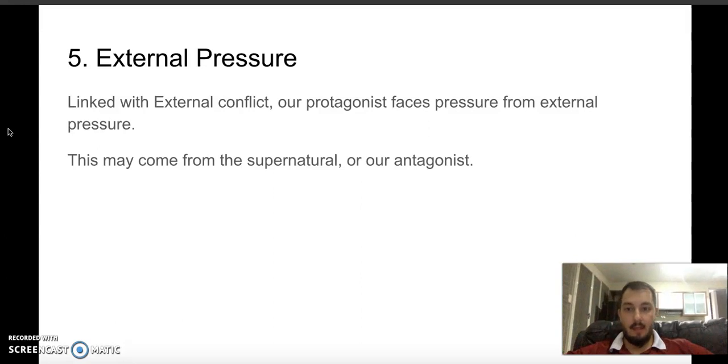And of course we have external pressure. Like external conflicts, our protagonist faces pressure from external places. This may come from, for example, the supernatural, obviously in Macbeth, or it may come from an antagonist.